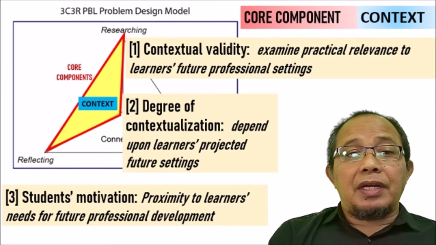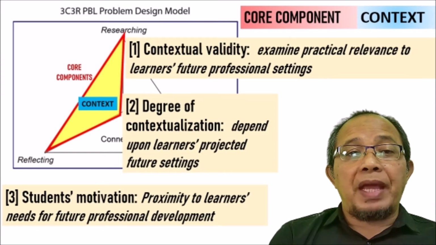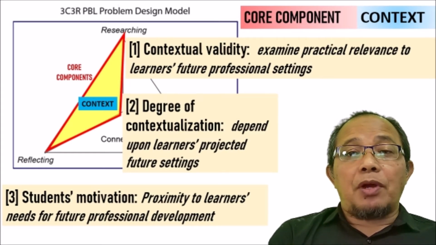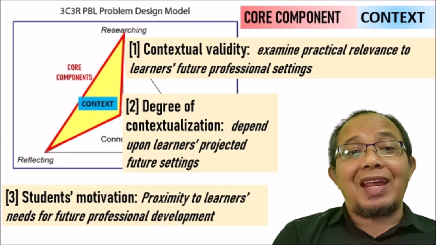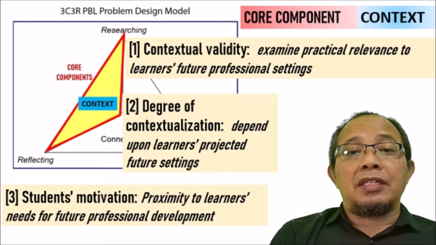Two, the appropriate degree of contextualization in designing PBL problems will depend upon the learner's projected future settings. And three, students' motivation: proximity to the learner's needs for future professional development or immediate everyday life is a strategic design issue for the context component in the 3C3R model.